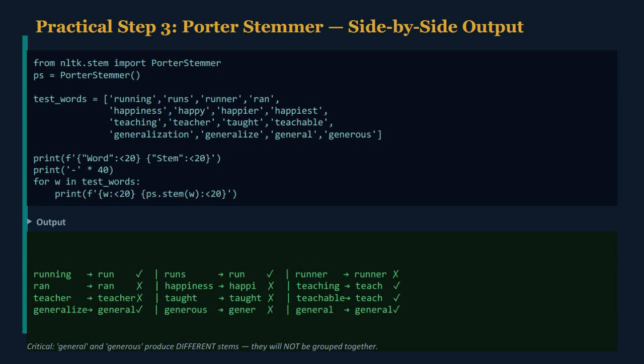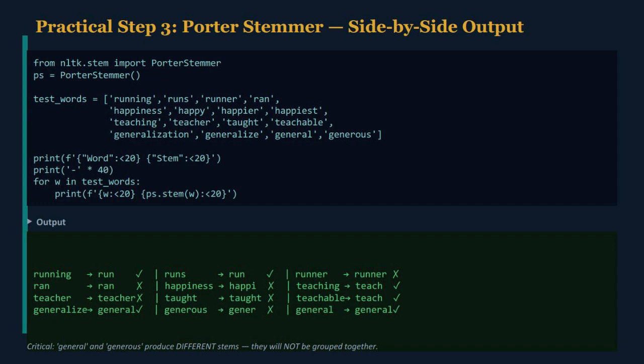Give test words, for example, running, runs, runner, rain, happiness, happy, happier, happiest, teaching, teacher, taught, generalization, generalize, general, and generous. Now for words in the test words, give this command.